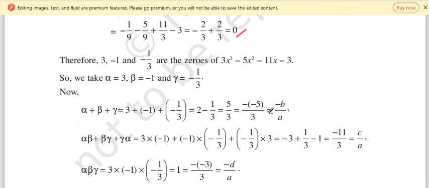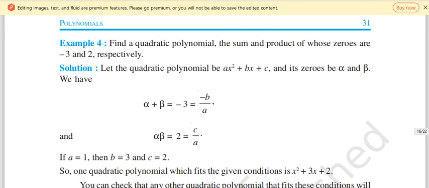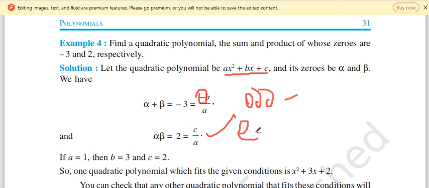This is the first relation. In the first relation the sign is minus, in the second it is plus. The first coefficient of x by x square has a minus sign, the second is positive: an odd one is negative, an even one is positive.